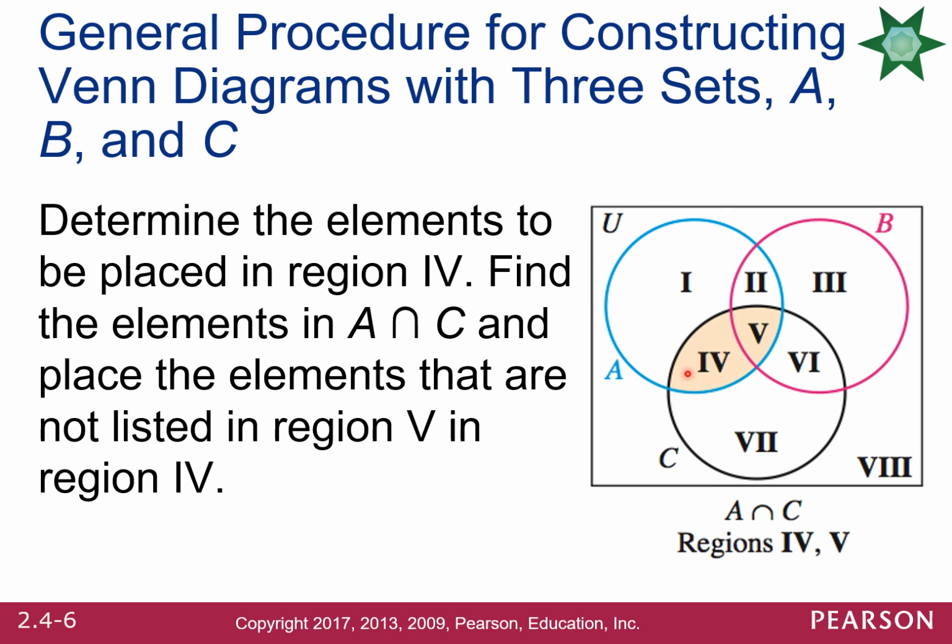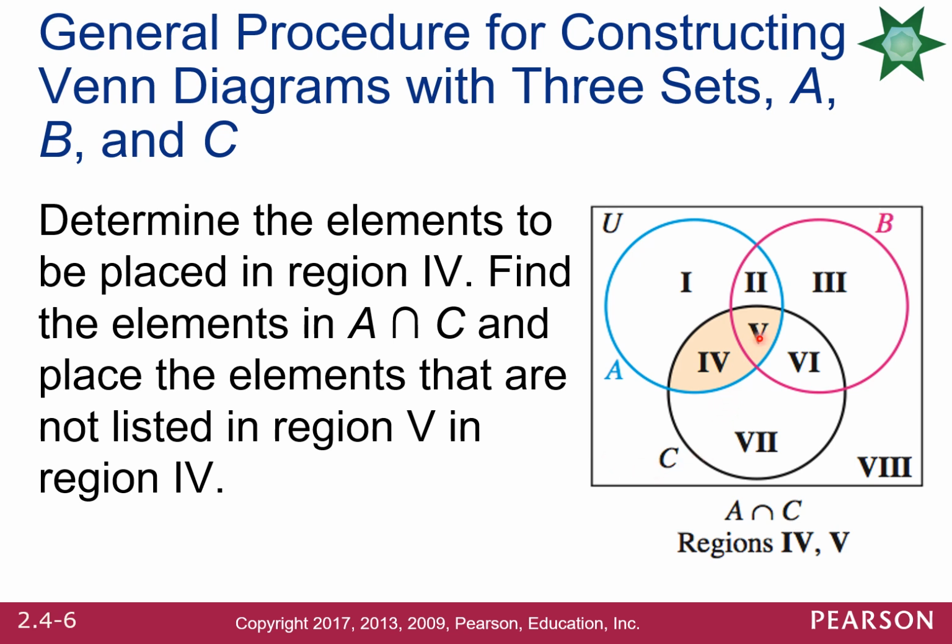So the elements that we are going to include in region 4 would be the elements that are common to set A and set C. The intersection of set A and set C will be placed in region 4, but only the ones that are common between the two sets.